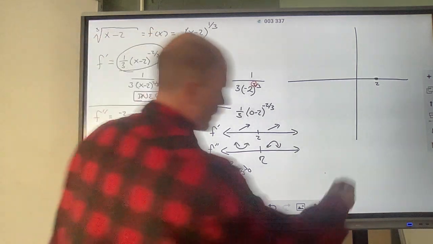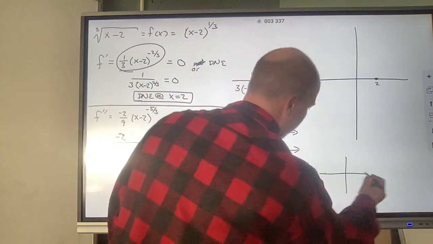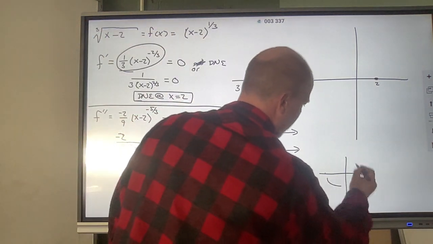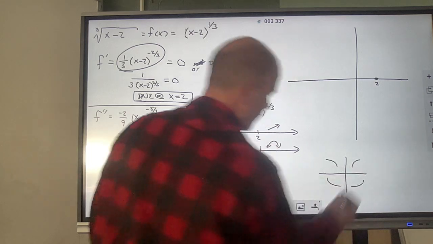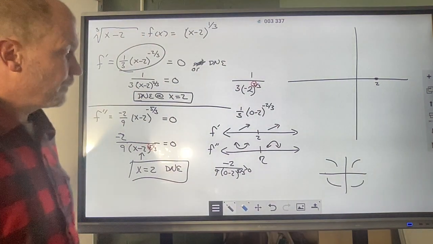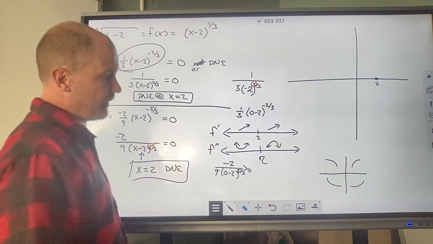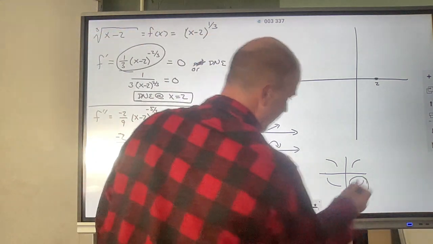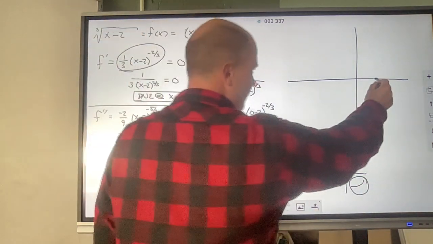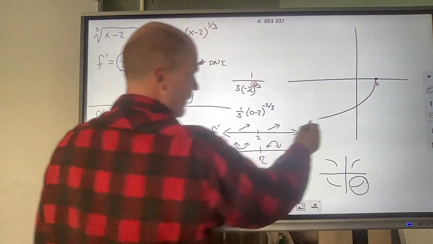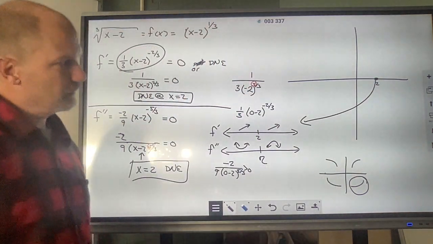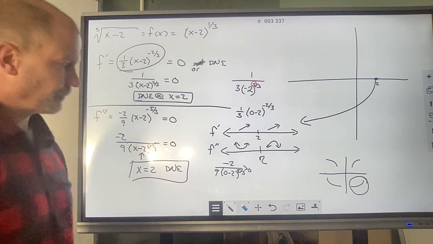All right. I'm going to put a little chart. Remember this chart that we have like this and like this. So when I have a positive slope and a positive concavity, I have that shape. So I have to start here with this 2 and have that shape all the way out to infinity.